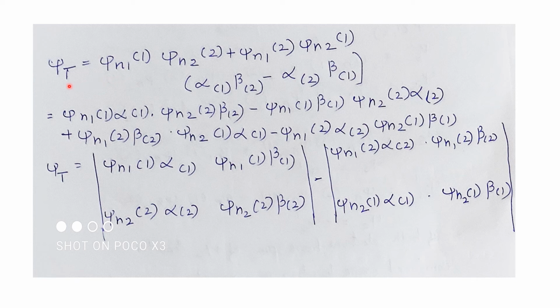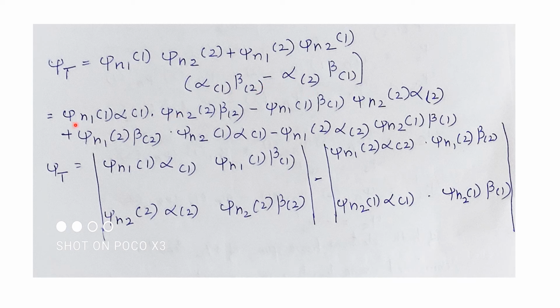Therefore, psi total is equal to psi n11 psi n22 plus psi n12 psi n21 into alpha 1 beta 2 minus alpha 2 beta 1.